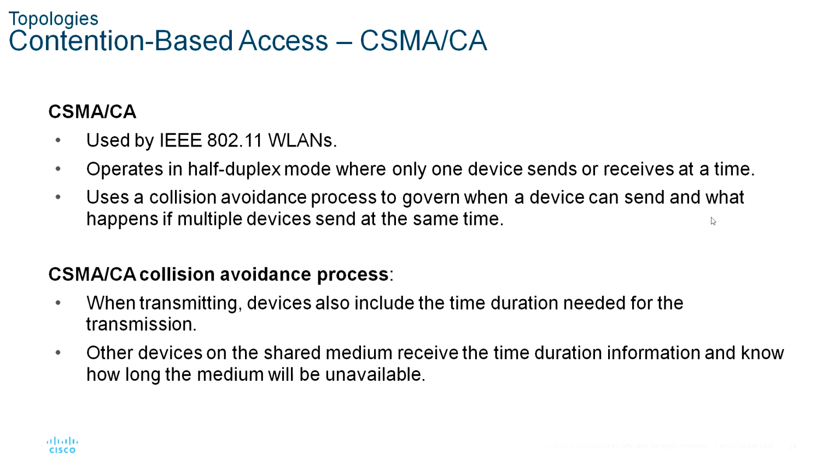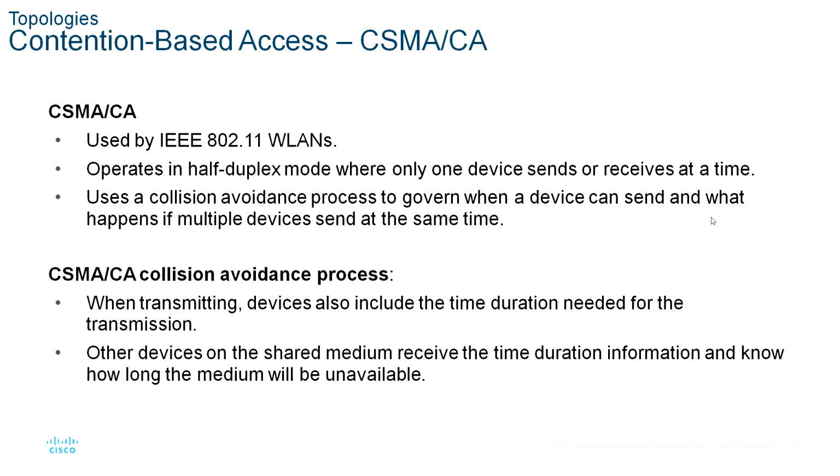CSMA/CA uses a method similar to CSMA/CD to detect if the media is clear, but uses additional techniques. In a wireless environment, it may not be possible for a device to detect a collision. CSMA/CA does not detect the collision but attempts to avoid them by waiting before transmitting.